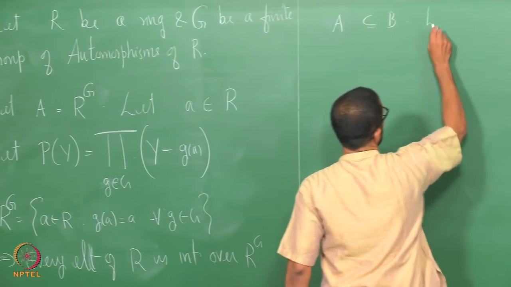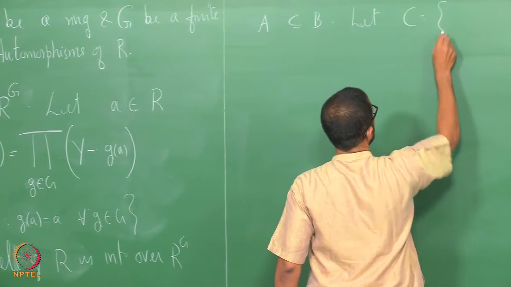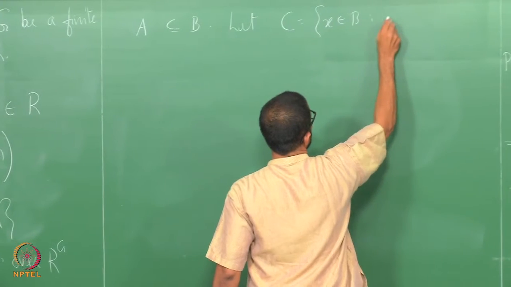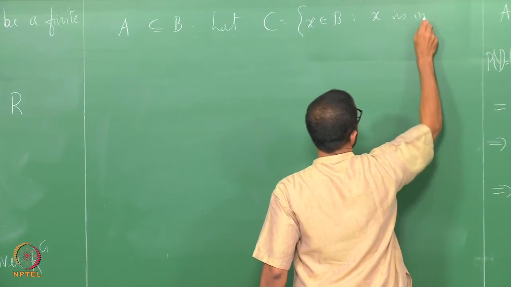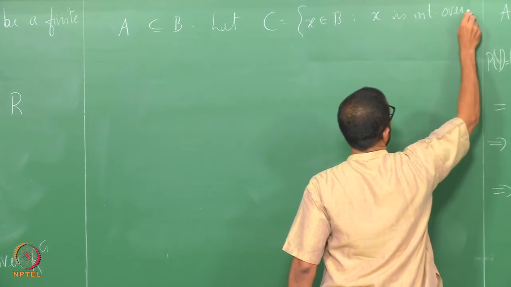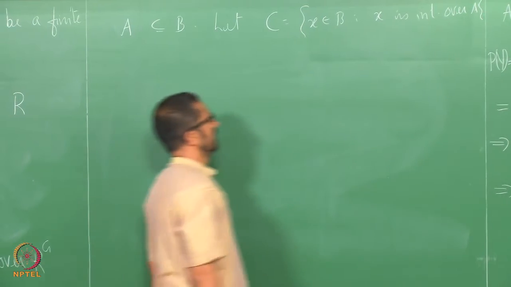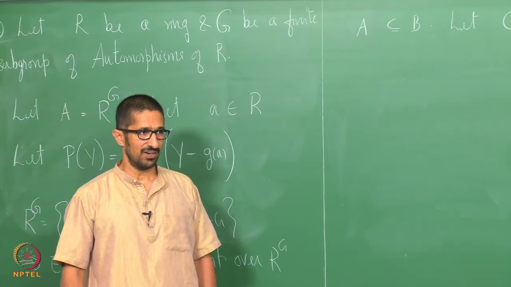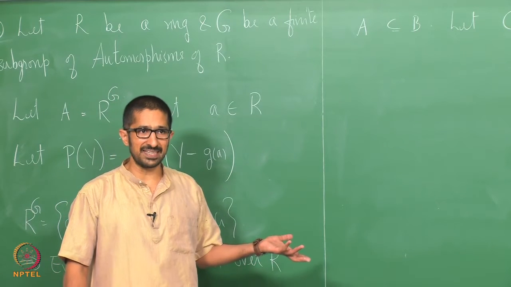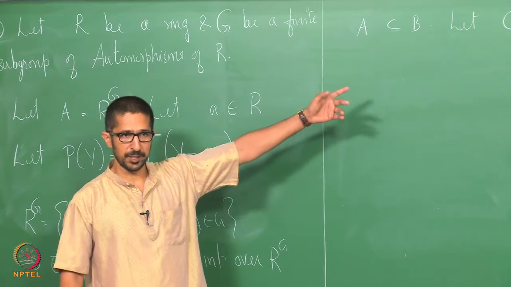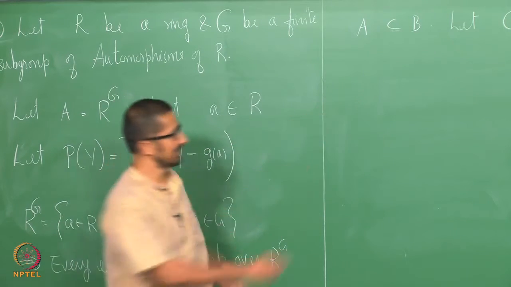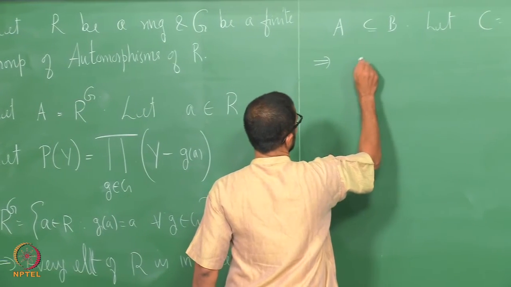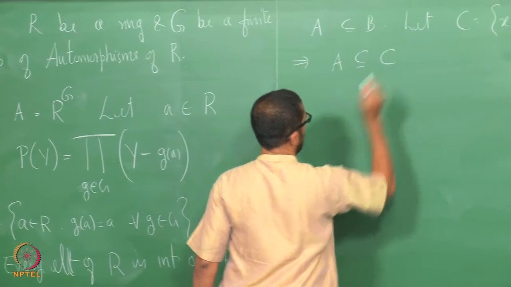So, let C be the set of all x in B such that x is integral over A. Can you tell me some elements of C? All elements in A will be in C, right? Then A is contained in C.